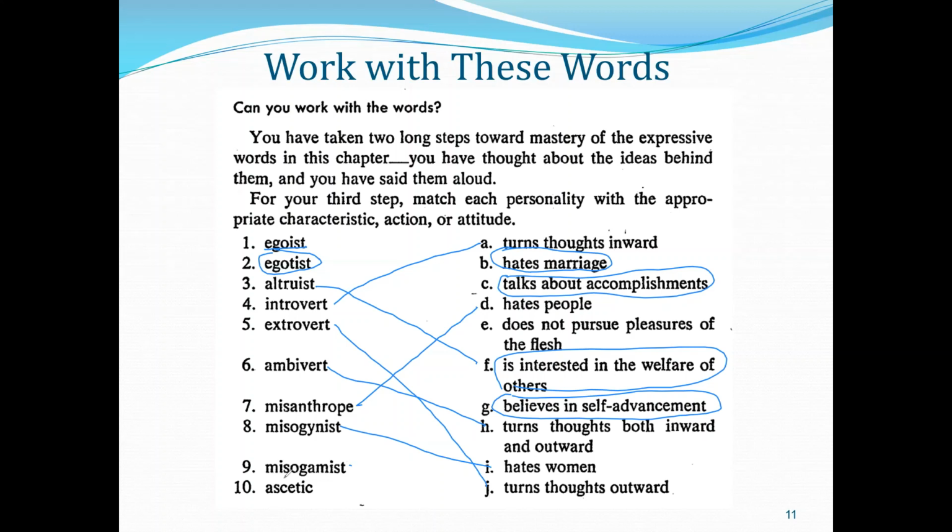And then there's only one last word left. That's ascetic. Ascetic would be a person who does not pursue pleasure of the flesh, right? That is E. The description of ascetic corresponds to E. Does not pursue pleasure of the flesh. Okay.